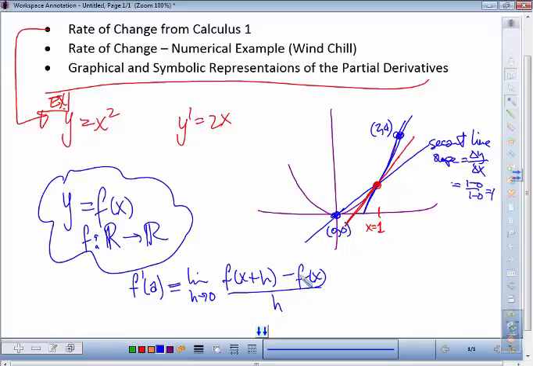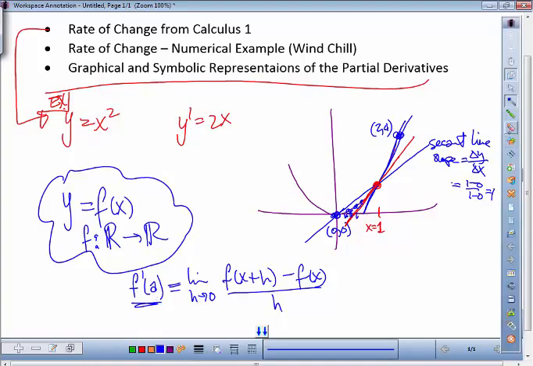So this approach takes a look at the secant lines and makes these points get closer and closer to the point that's in question. And then at that limit, you would find your derivative. And this is the derivative at a particular point.